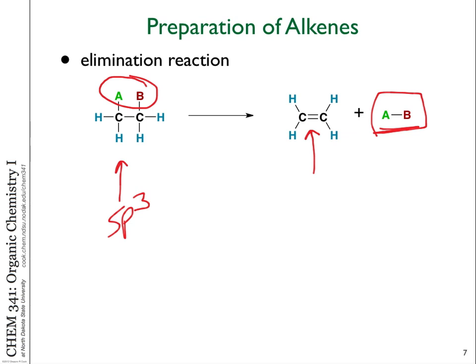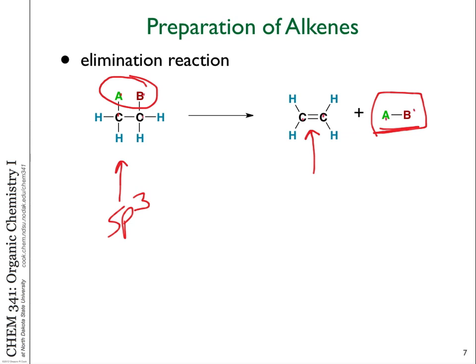So if you think about the electronics, where the electrons are and where they have to go for this, how might these atoms have to break off? Well, you've broken a carbon-A bond and a carbon-B bond, and you formed a carbon-carbon bond and an A-B bond.